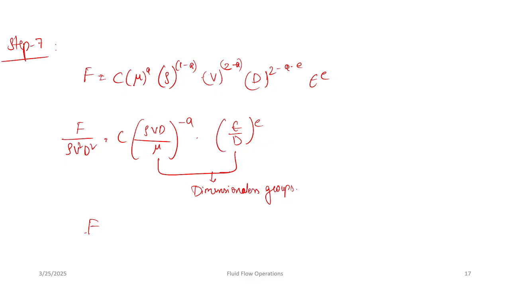So you can also write F by rho V square D square as a function of rho V D by mu and epsilon by D. Okay.